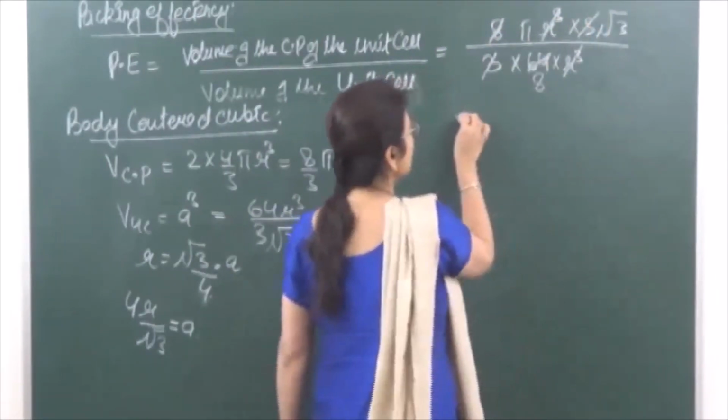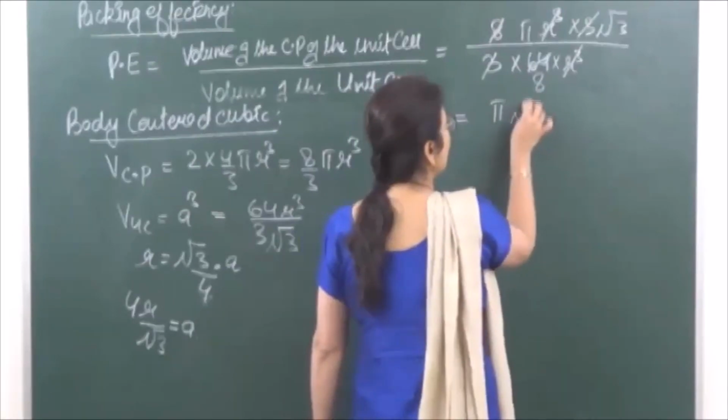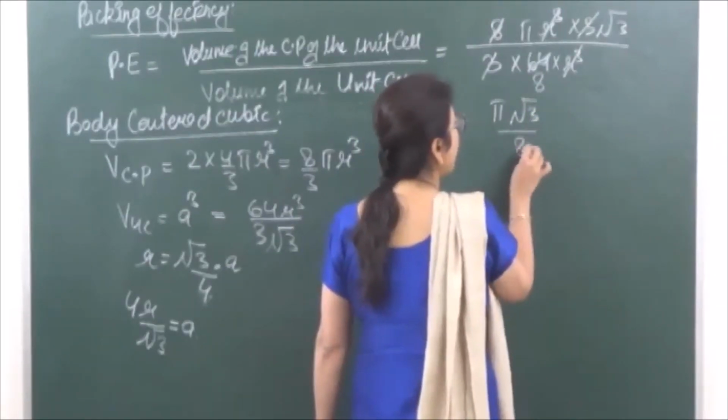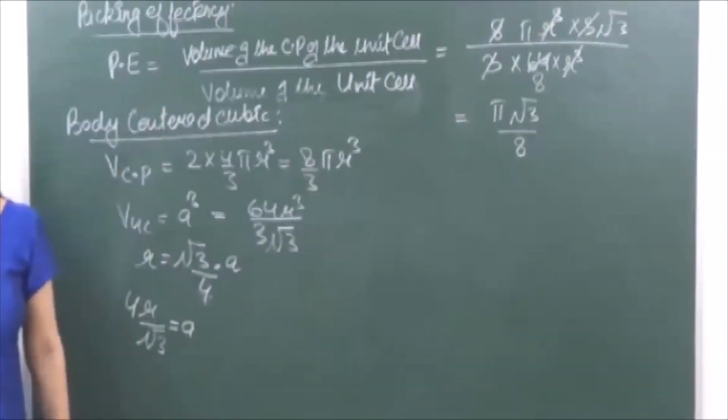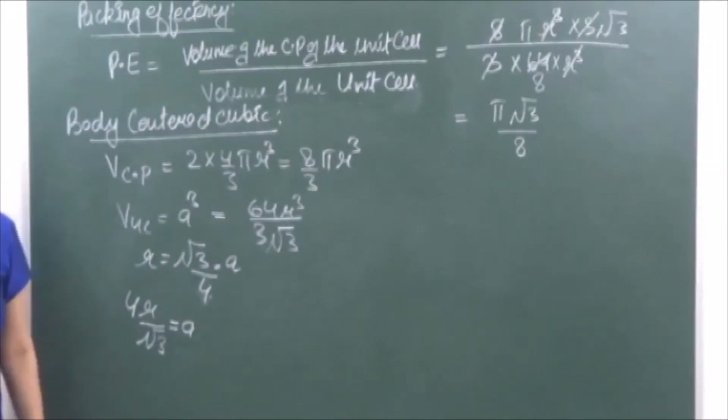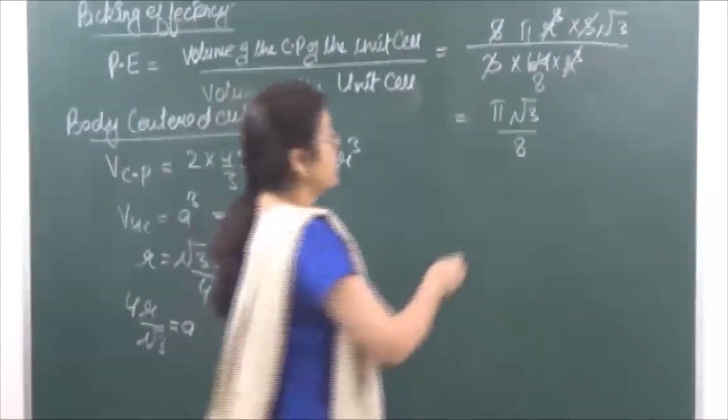So what is left over here? Pi root 3 by 8. And when we calculate this for body-centered, it comes to 0.68.